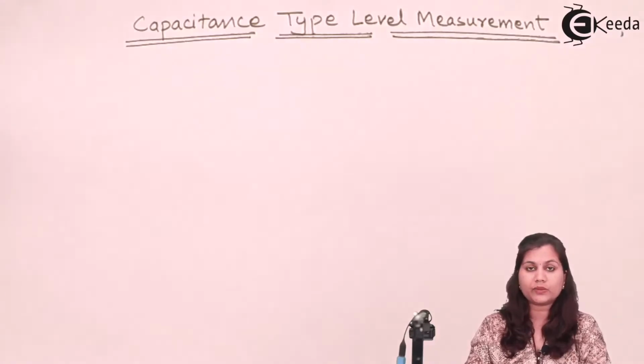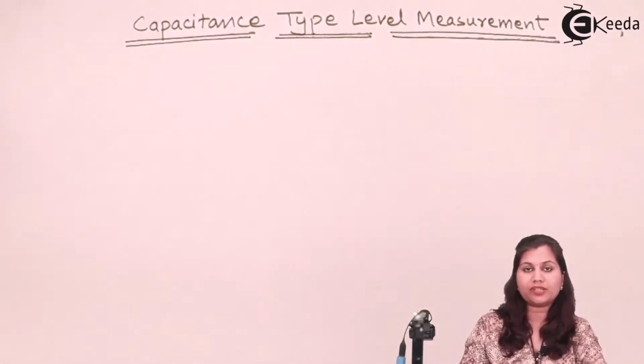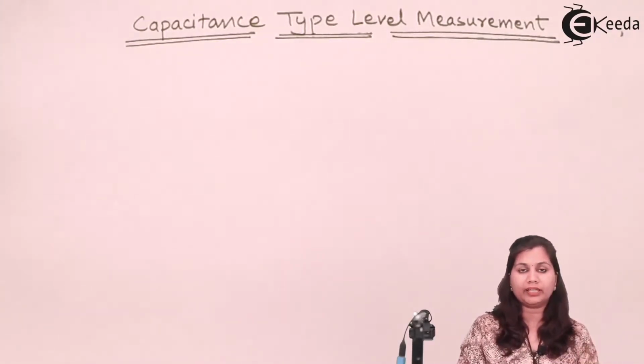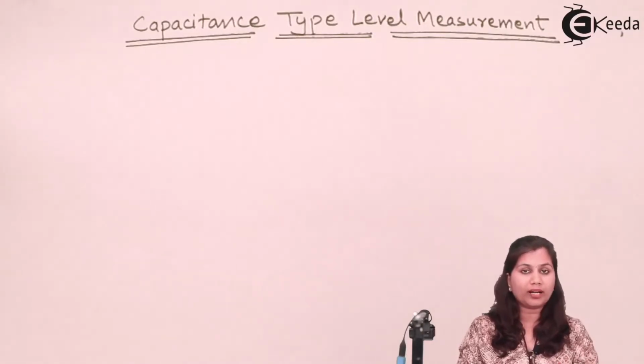In industries, various types of liquids such as water, chemicals and solvents are used in the different processes. In different processes, we use different amounts of liquids. Suppose in one process we are using 2 milliliters of a liquid, in another process we will be using 2 liters.